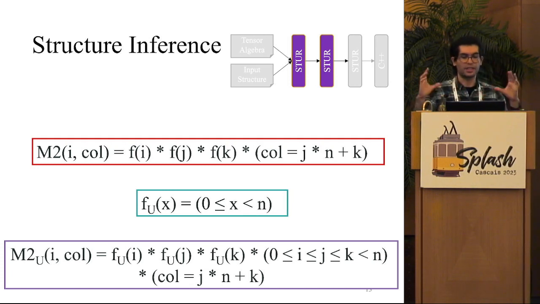Instead of iterating over a cube, we can iterate over this pyramid. We restrict the computation domain, and we write it as this part. And the Boolean part of the tensor computation is going to appear in the unique set as it is.